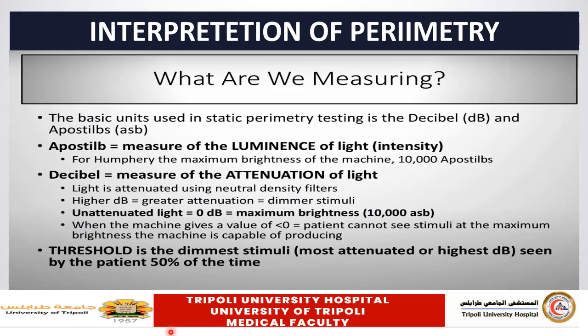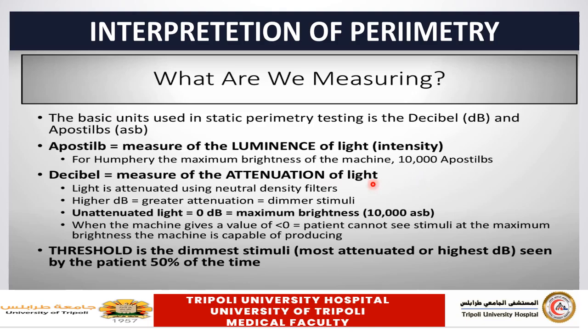So we should understand clearly what is meant by the basic units used in static perimetry: the apostilb and the decibel. The apostilb is a measure of the luminance, the light intensity, and the maximum intensity in Humphrey perimetry is around 10,000 apostilbs. However, in Octopus it is around 4,000 apostilbs.